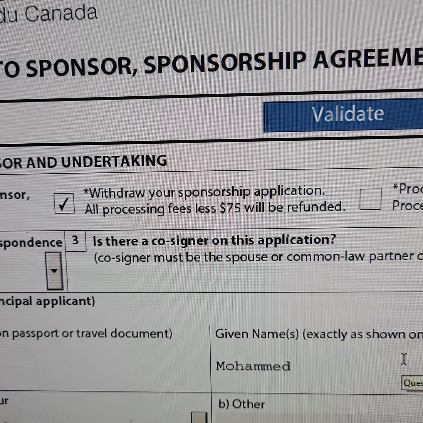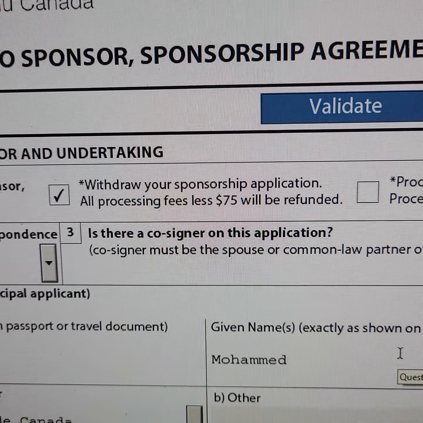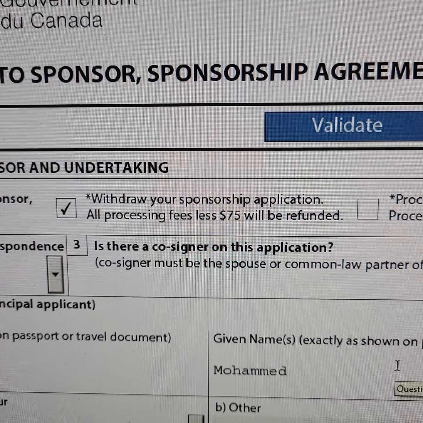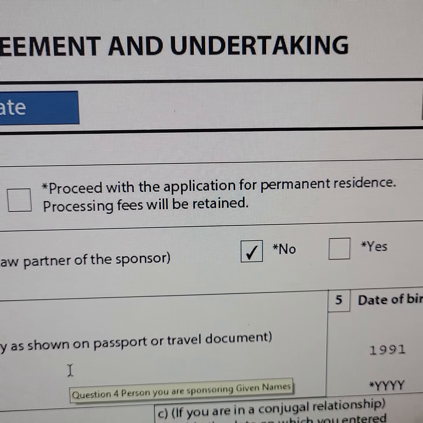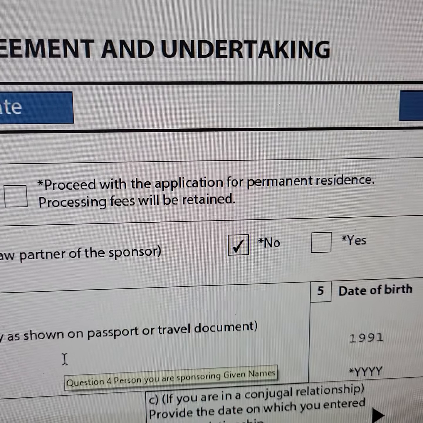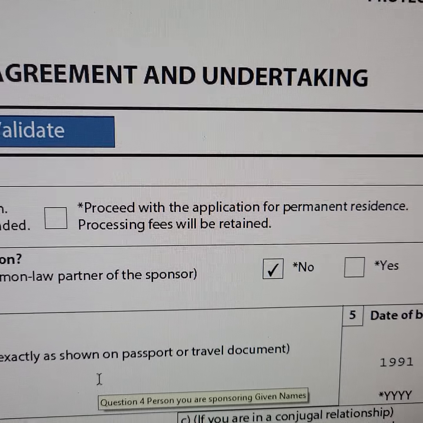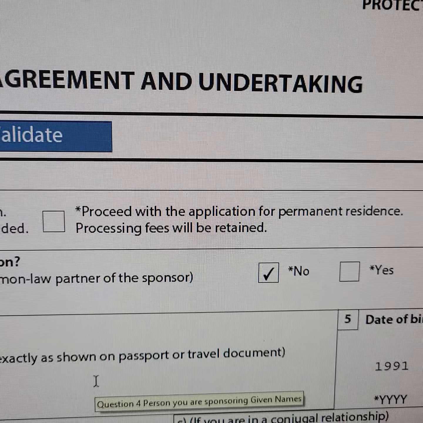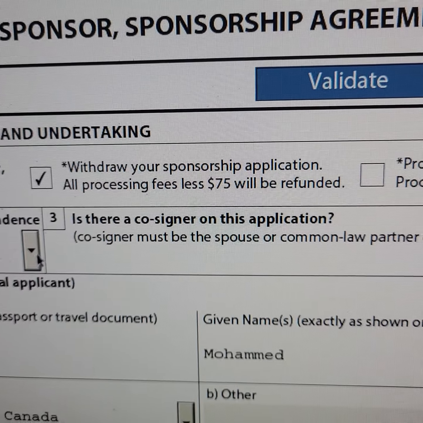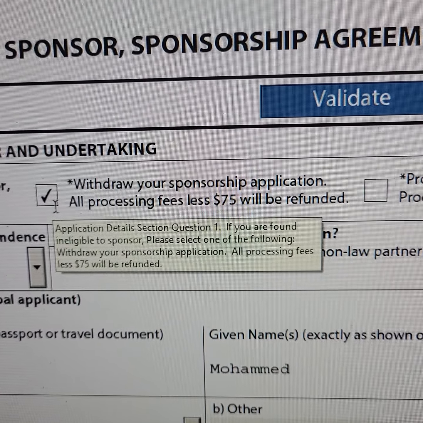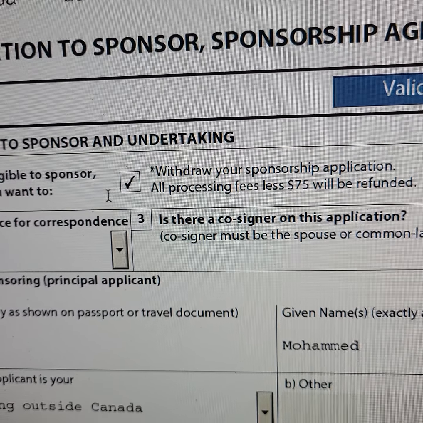Now they are asking, if you are not eligible to be a sponsor, do you want your money to be returned to you, less the processing fees, which is $75, or you want to continue to proceed without the sponsor to sponsor your spouse, which is really, I wouldn't say stupid, but who wants to continue with the sponsorship even though you're not eligible? So obviously you will say no. So you want all your money back, less the $75 for the processing fee. So we will click on that.